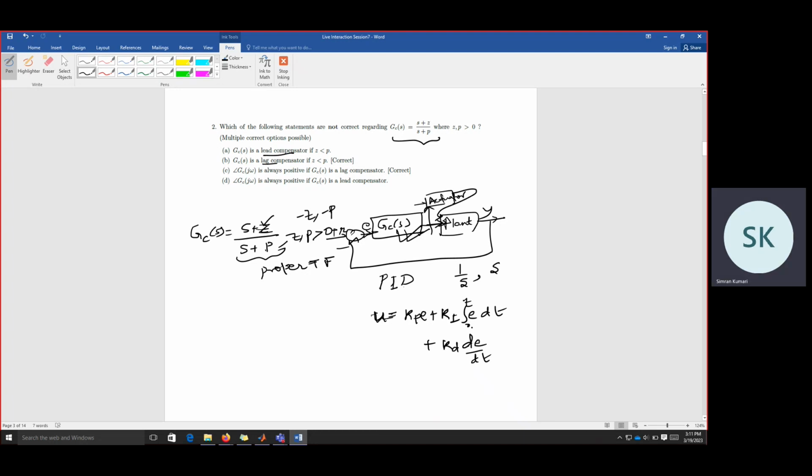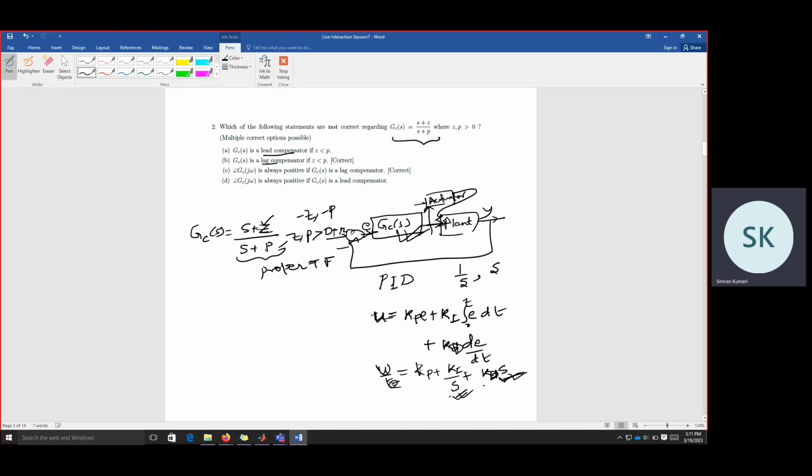In that case, we said, okay, so if we write the transfer function, this is Kp plus Ki by S plus Kd S. So we said that physically realizing these terms is very difficult, we cannot realize this obviously.